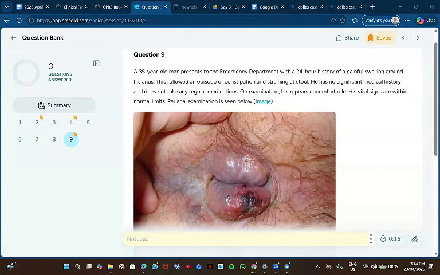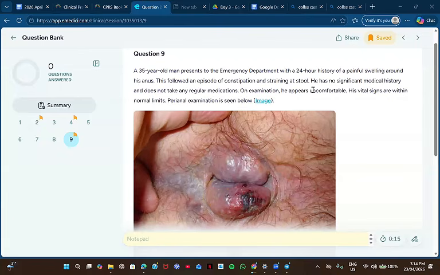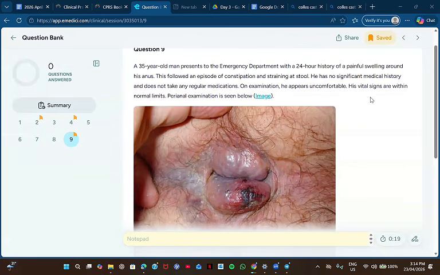Do you remember we have done this question in February? A 35-year-old man presents to the emergency department with a 24-hour history of painful swelling around his anus. I think this can be the picture, okay? This can be the exact question because we already know they are giving direct questions from the email, especially the pictures, okay?